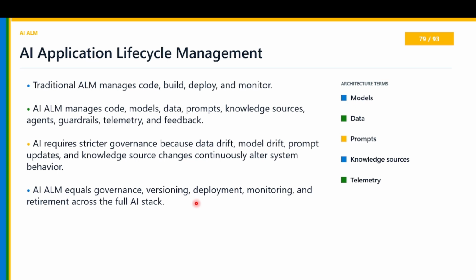Versioning using CI/CD, environment variables, or source control, and deployment using pipelines, whether Power Platform pipelines or Azure DevOps pipelines. Monitoring using Azure Monitor, Application Insights, or the Copilot Studio analytics platform, or any of the platforms we have discussed.